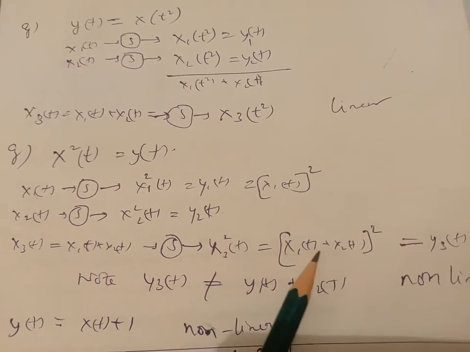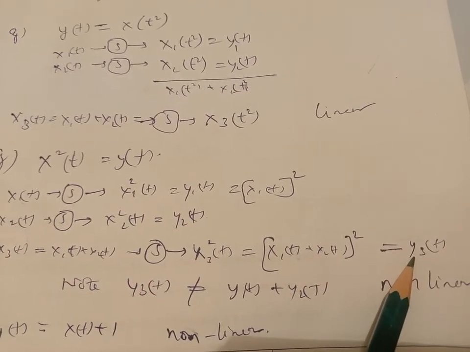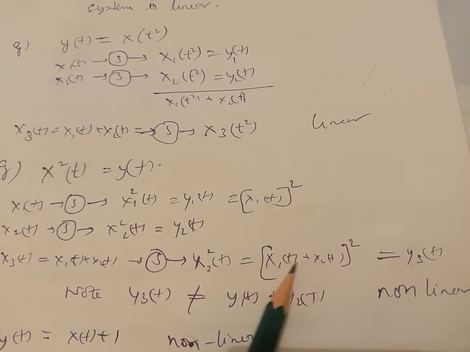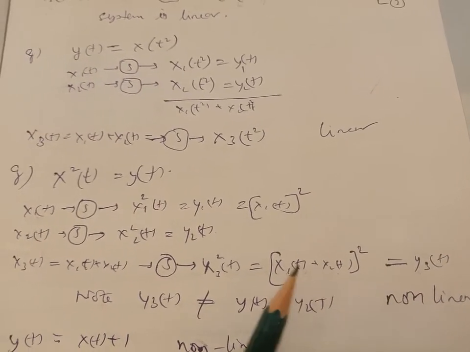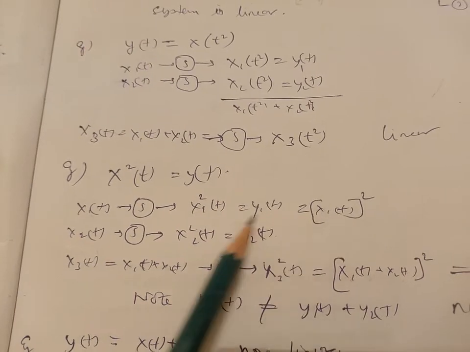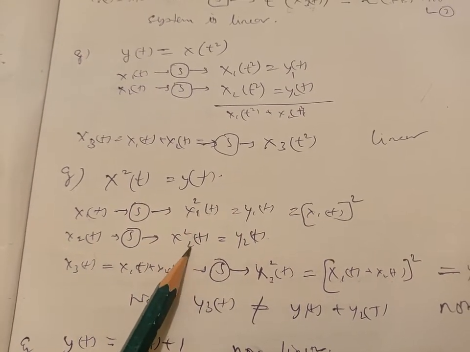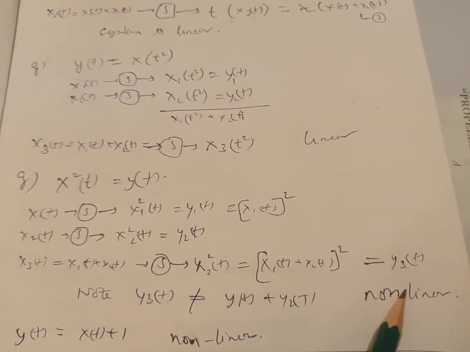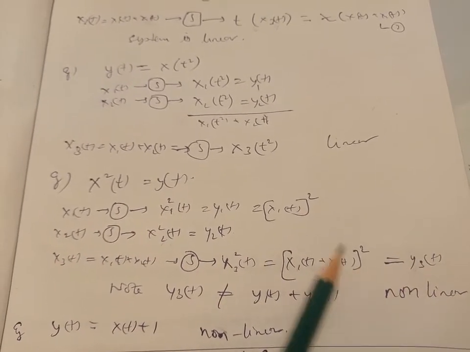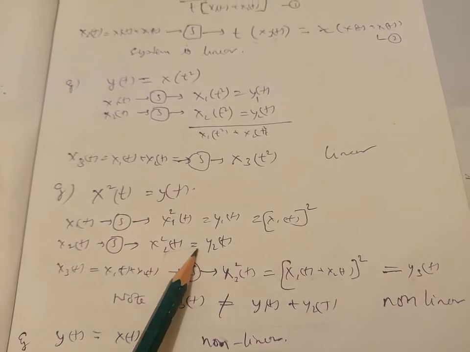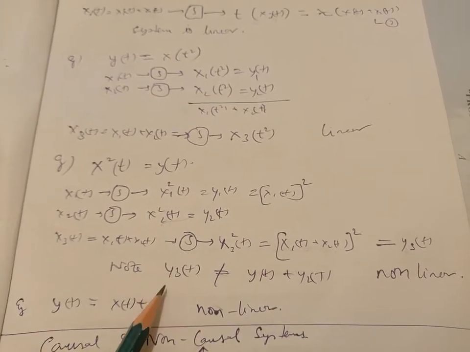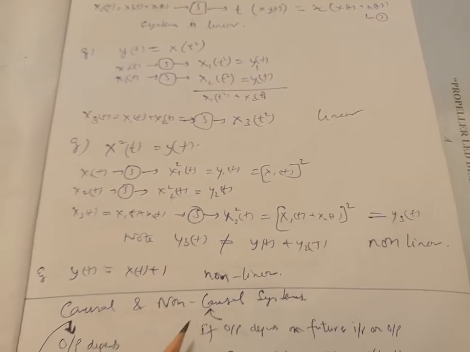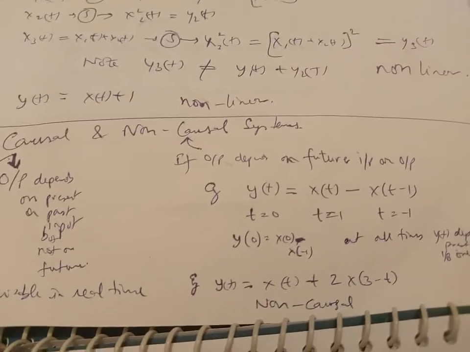It is squared. Squaring this will actually give you something else, which is a squared plus b squared plus 2ab, whereas the sum of the earlier outputs will be x1 squared(t) plus x2 squared(t), and the 2 x1 x2(t) term, which you would get here, is not there. So equation 1 is not equal to equation 2. That's why it is a non-linear system.